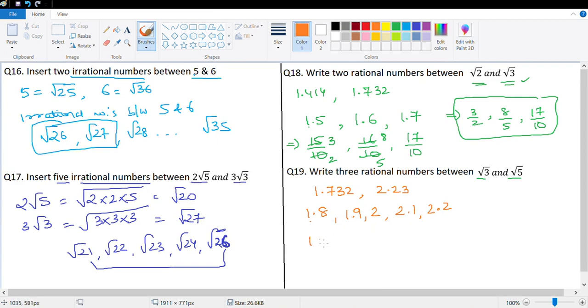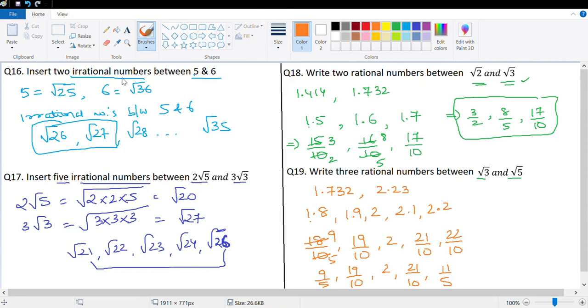Let's just write it as 18 upon 10, 19 upon 10. 2 is directly a rational number. 21 upon 10, 22 upon 10. Let's simplify. That's 9 by 5, 19 upon 10, 2, 21 upon 10, and this will be 11 upon 5. So again, I've inserted 5. Simple calculations. And let's look at the last question of this exercise.